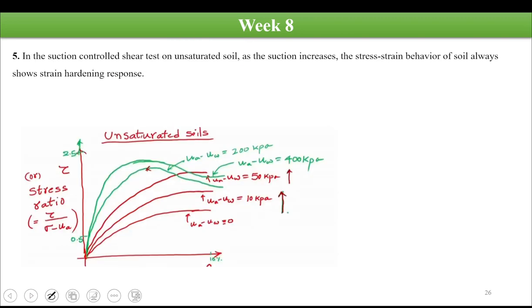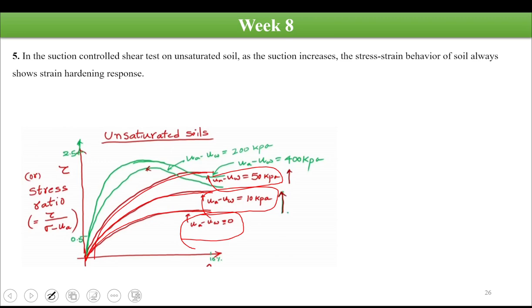Then we have a question that says in the suction control shear test on unsaturated soil, as the suction increases, the stress strain behavior of soil always shows strain hardening response. So as we have studied in the theoretical class, as the suction value is increasing from 0 to 10 to 50 and so on, this curve initially will show a strain hardening behavior.